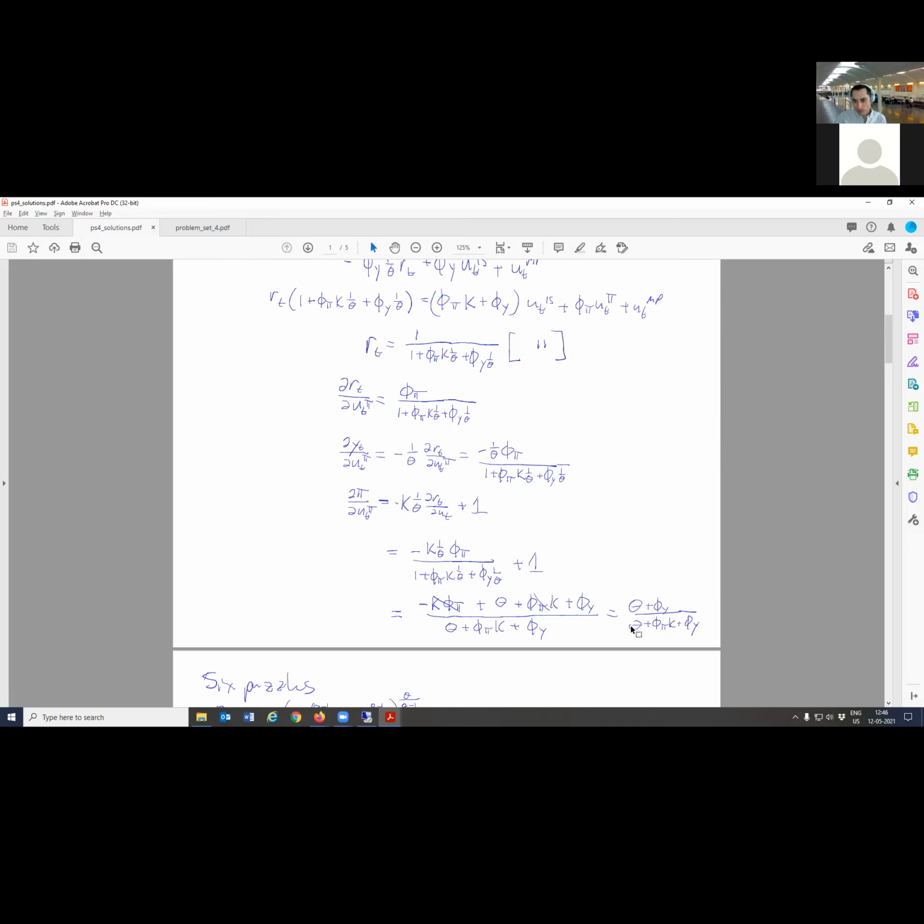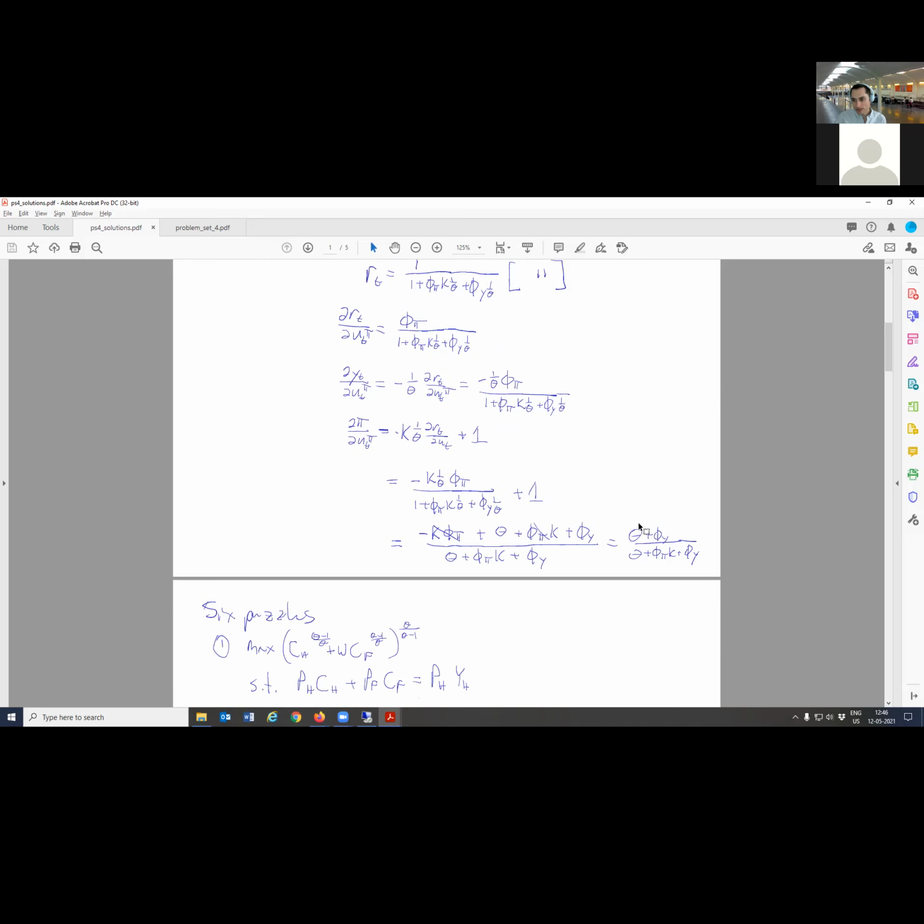Plug everything in, do a little bit of calculation, and we end up with this thing over here, which says that the derivative of inflation with respect to an unfavorable inflation shock is this thing, which you can see is positive. It's greater than 0. And that's about all there is to say about that. So that's it for question 1 of the problem set.